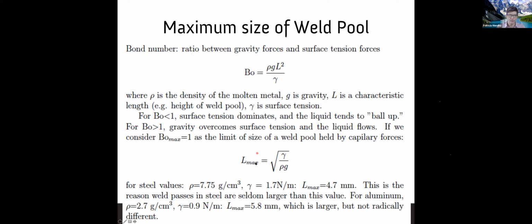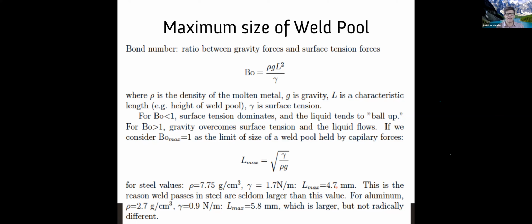So I can solve for the size of the bead, and it's going to be the square root of surface tension divided by density and gravity. If I put in numbers for steel, I get a weld bead of more or less 4.7 millimeters.